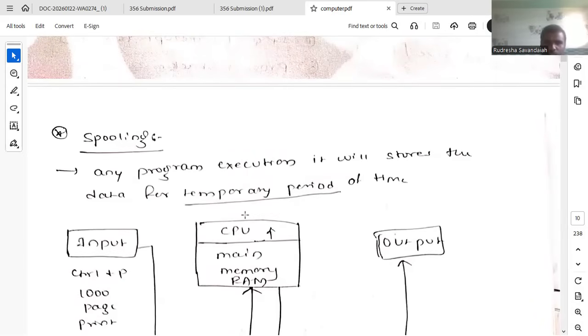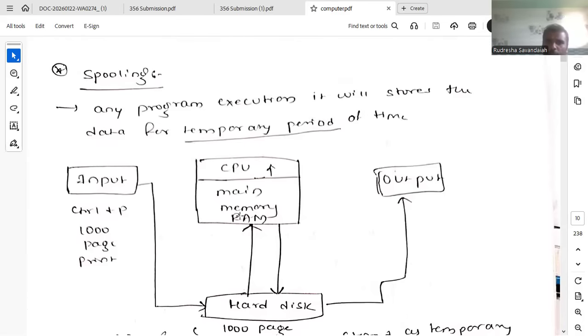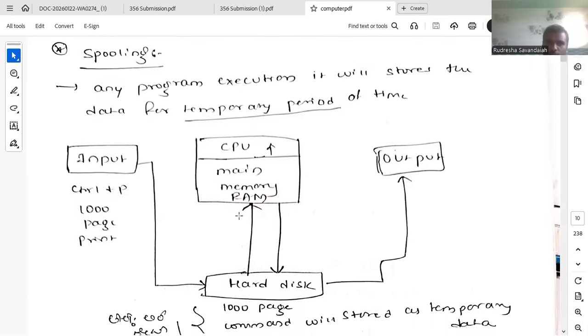Spooling: what is the meaning of spooling? During any program execution, it stores data for a temporary period of time, that is called spooling. For example, you have a 1000-page print, you press Control P on your keyboard and give the 1000-page print command.